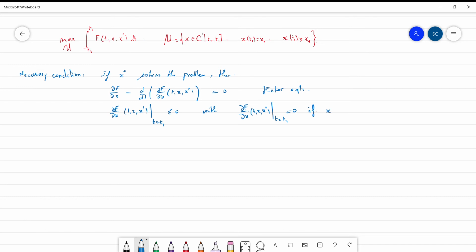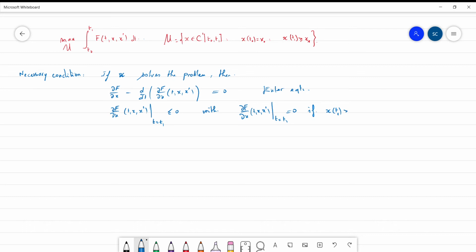Here everything is applied at (t, x, x'), so instead of putting a star, I will leave it like that. I'm dealing with this candidate function.